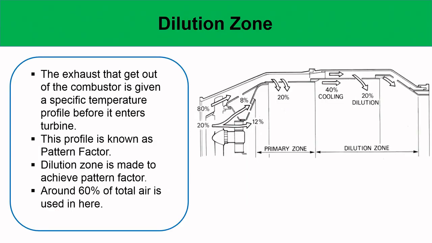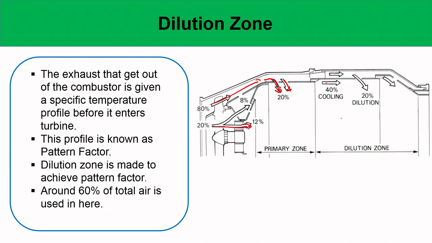And the dilution zone essentially, as you see here, has a lot of dilution. Here is a breakup of the total air inside the combustor, okay. You see that about 80% of the air is going out, and only about 12% of the air is actually used for direct combustion in the primary zone, whereas out of the 80% air that goes out, 20% enters into the primary zone, and then there is a lot that slowly enters into the dilution, and about the remaining 60% of the air comes into the dilution zone, okay.